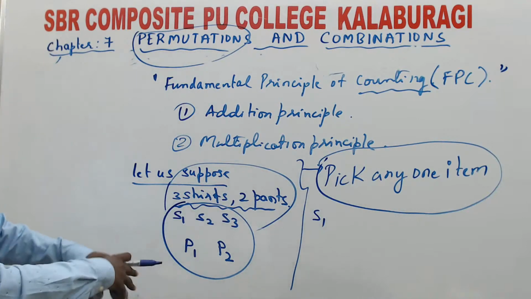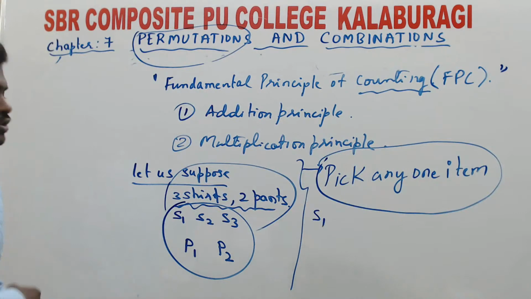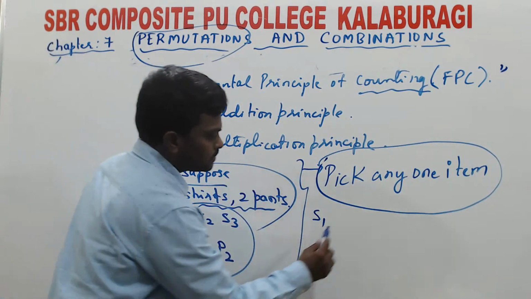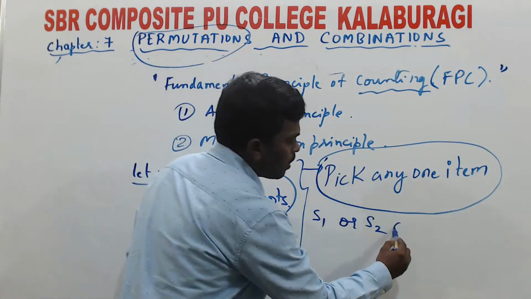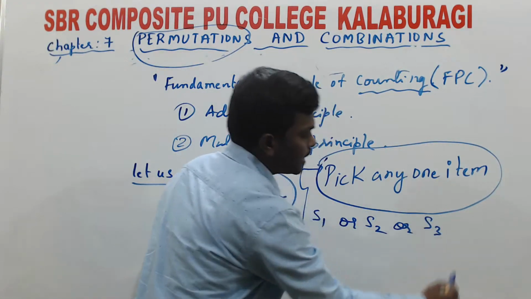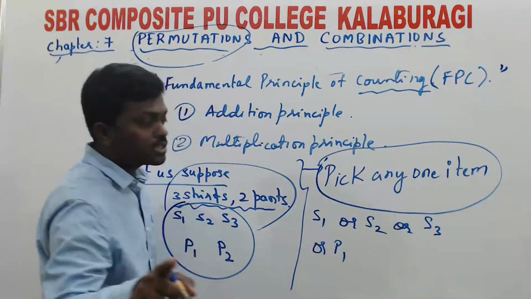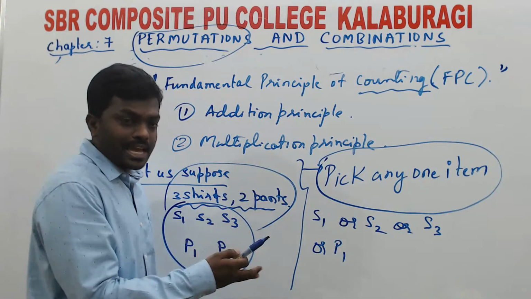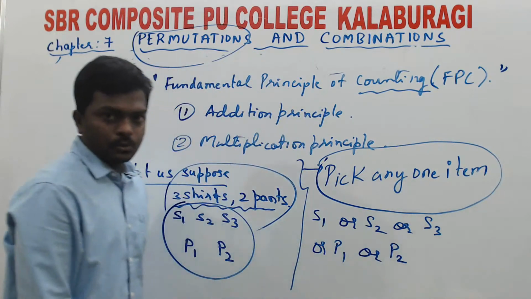Either you will pick S1, or S2, or S3, or P1, because we are asked to pick only one item. You cannot pick all the items here. Or P1 or P2.